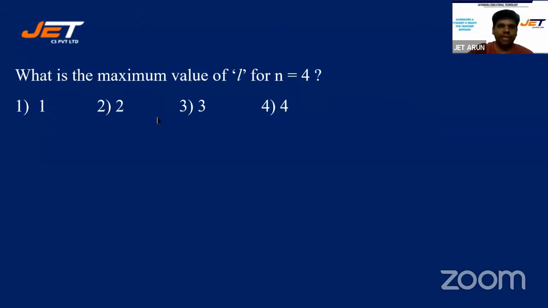What is the maximum value of l for n is equal to 4? You know how, for given n, how the l value ranges. What is the maximum value of l for n is equal to 4? Maniteja, Riya, Rajeshwari, Varshit.